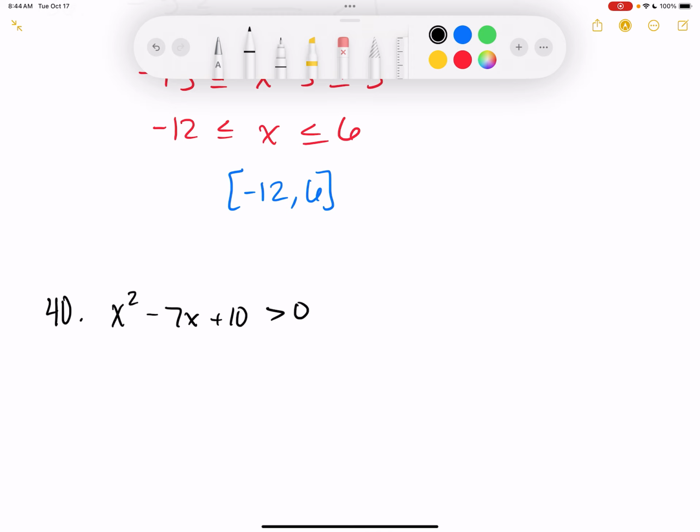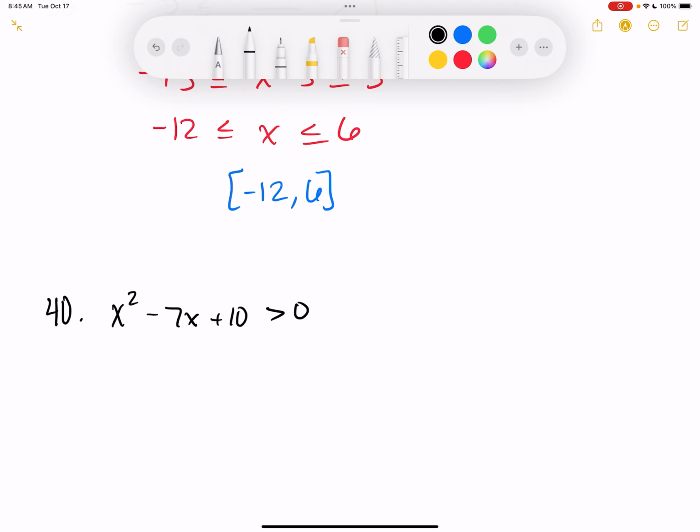These kind of work the same way as the equalities that we did recently. Basically, we're going to factor them and then set each piece as greater than or less than or whatever 0. So we still kind of use the zero product property to do it. If there was a number over here instead of 0, I would need to move it over before I factor.